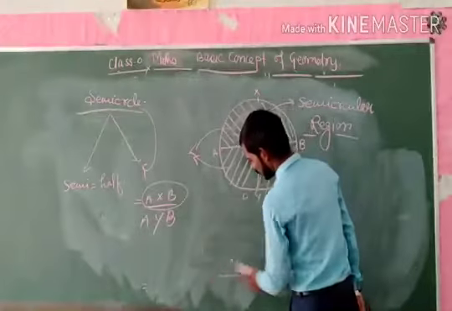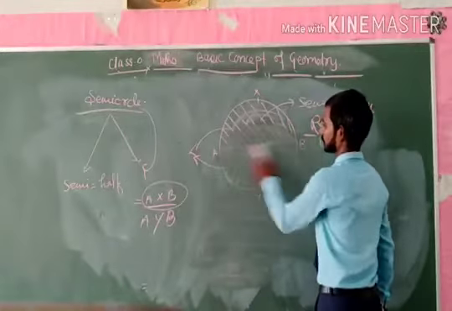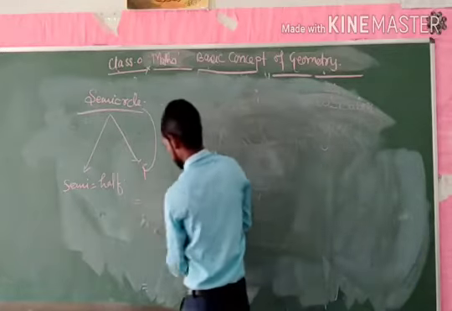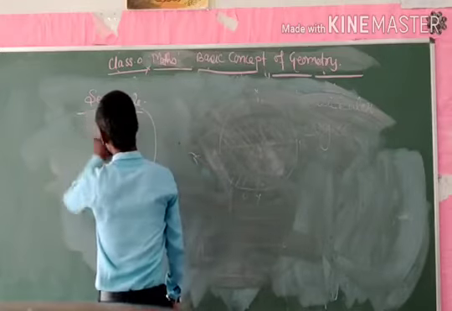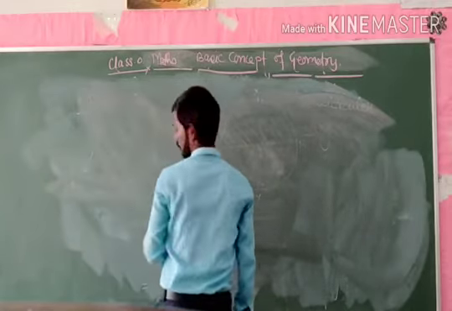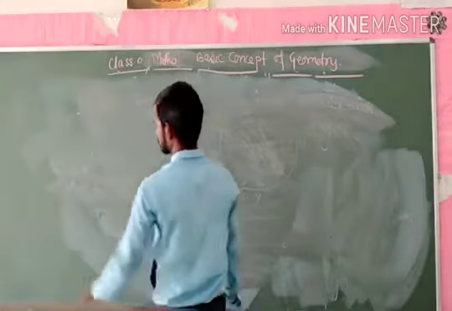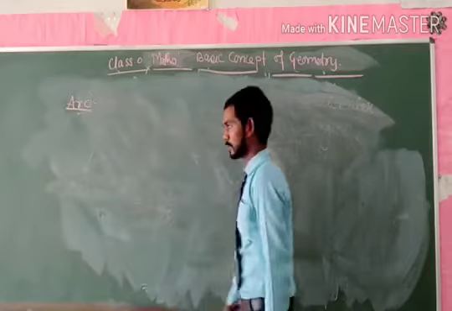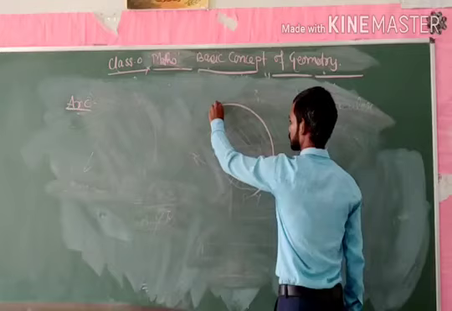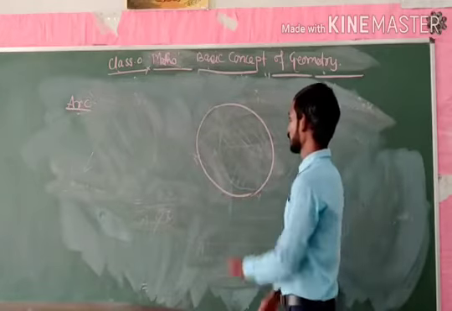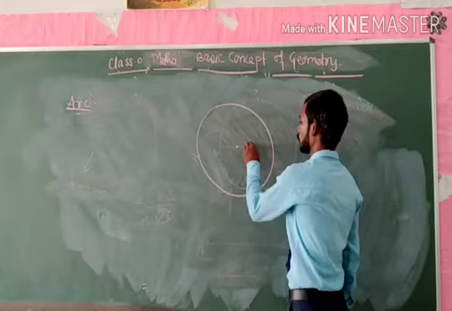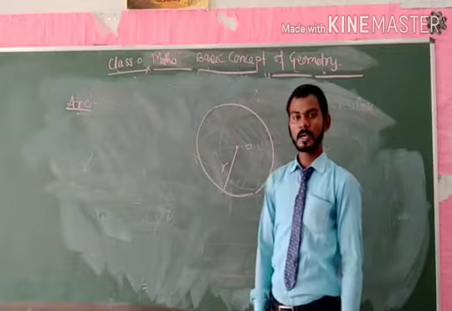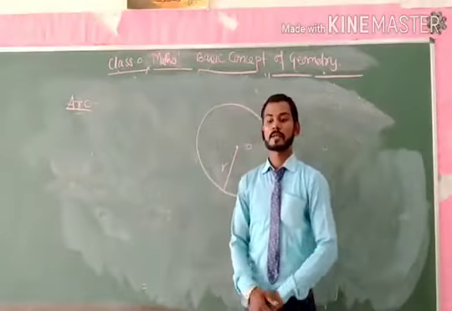Now let's see the next topic, the arc. This is the circle with center O and radius R. Here we have to define the arc.